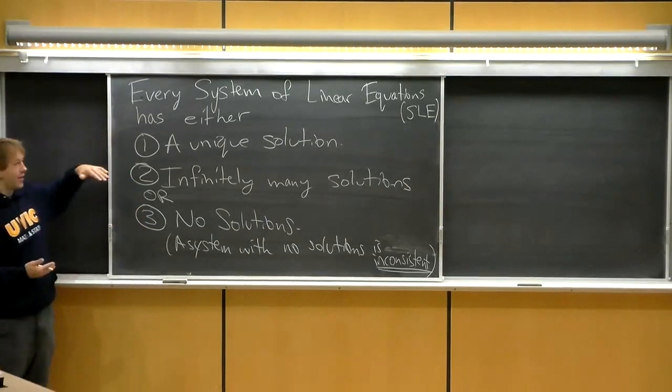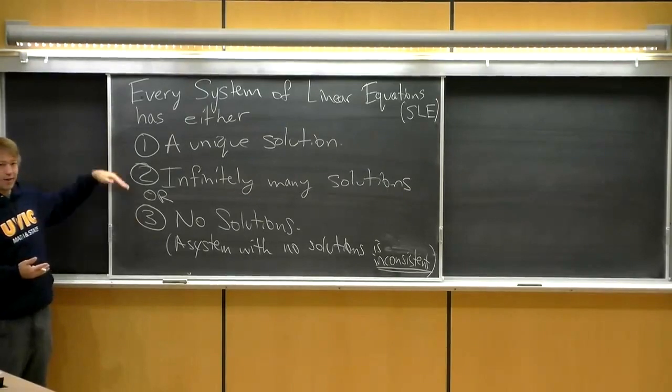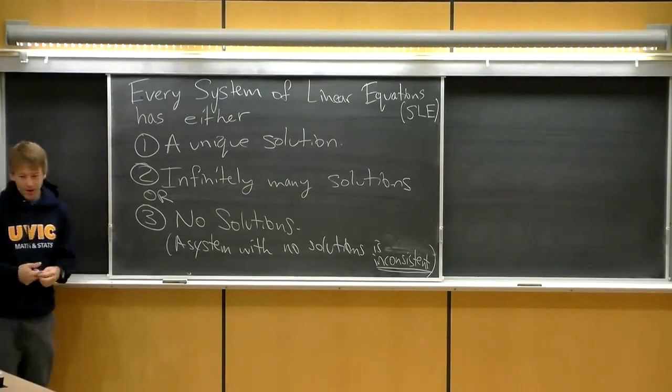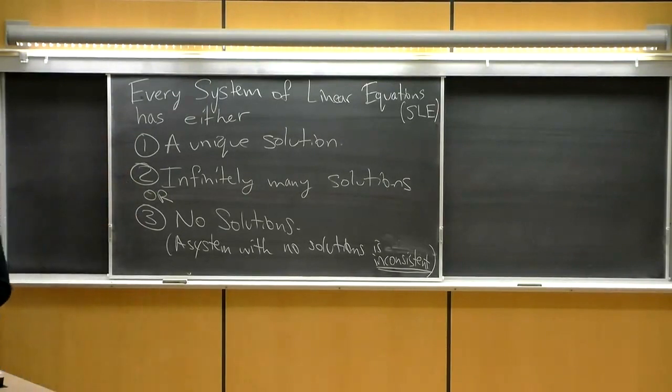When you're given a system of linear equations, you need to classify which of these three things happens. Does it have a unique solution, no solution, or infinitely many? And if it has solutions, you need to be able to classify them.